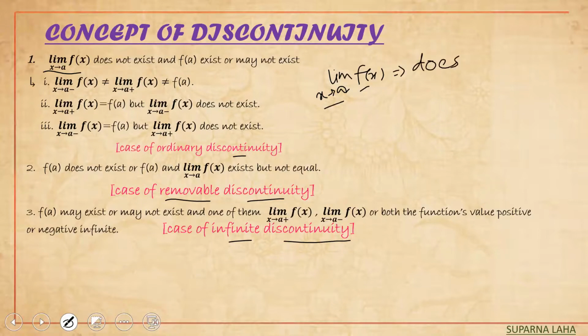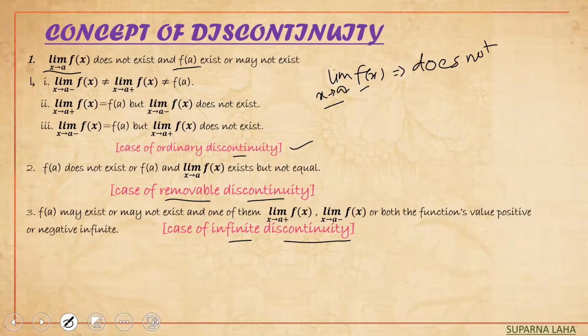Maybe its right hand limit does not exist, maybe its left hand limit does not exist, maybe both do not exist. Then we will say the function has ordinary discontinuity.